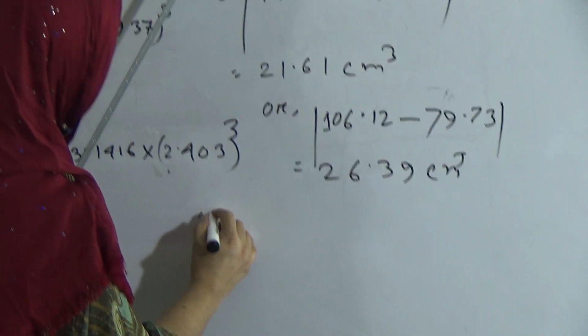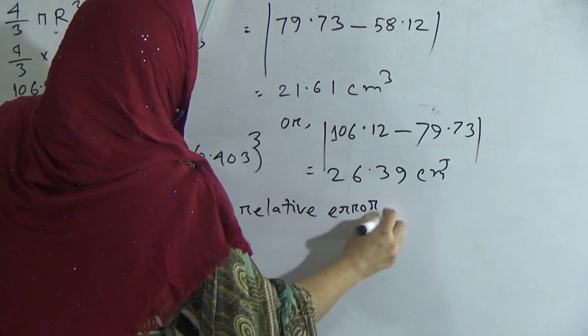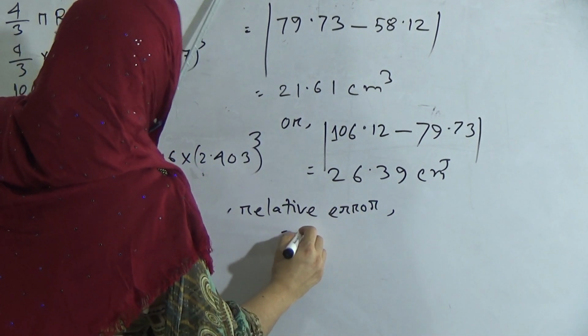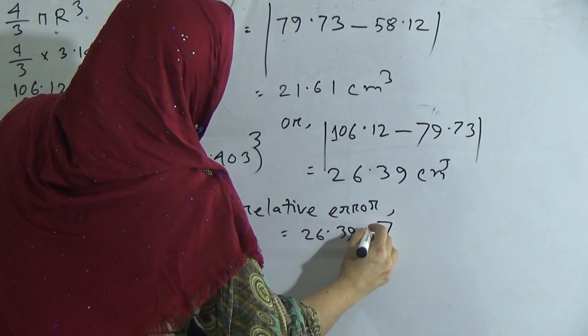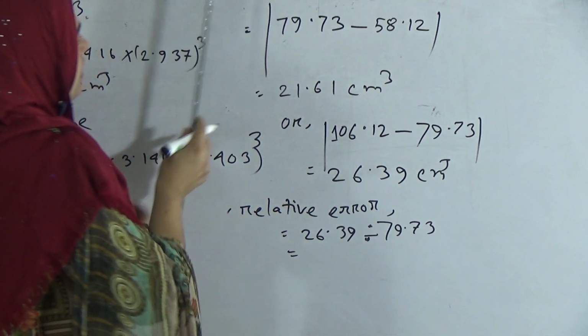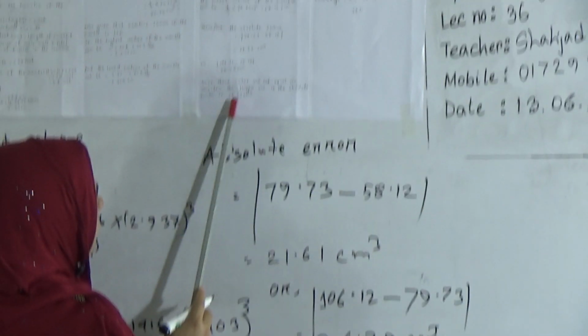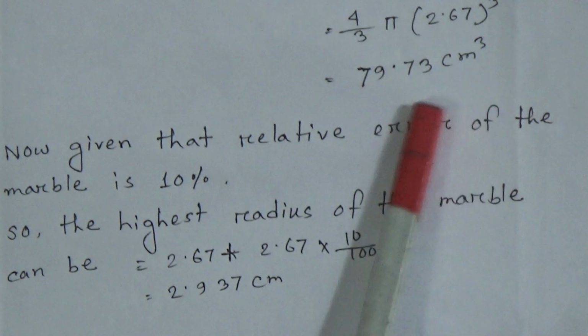Now, therefore, what is the relative error now? This is the absolute error. Now we will find out the relative error, which is 26.39 divided by 79.73. Okay, the relative error will be the absolute error divided by the mean actual volume of the marble.